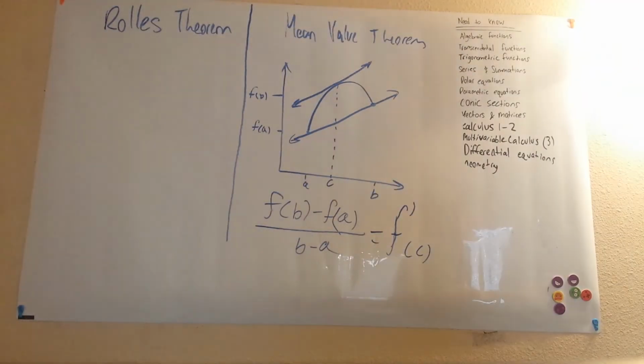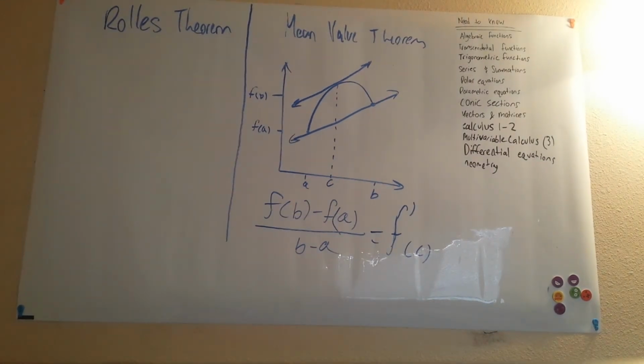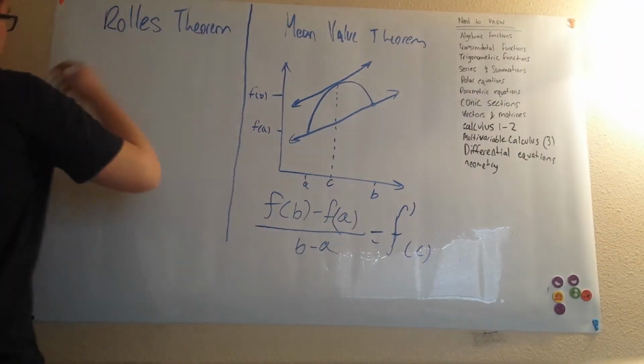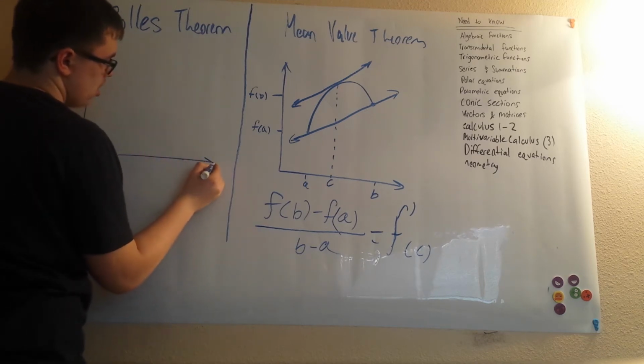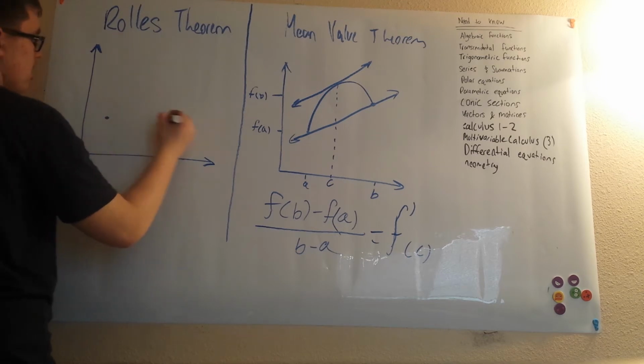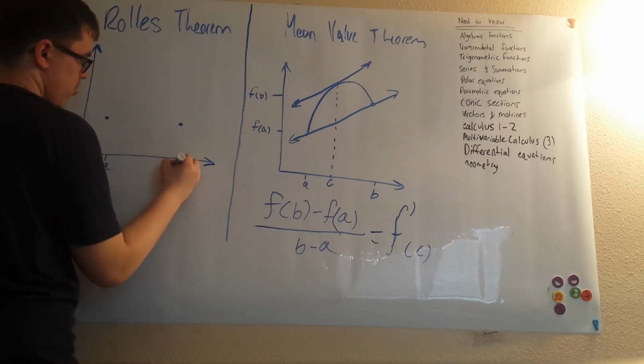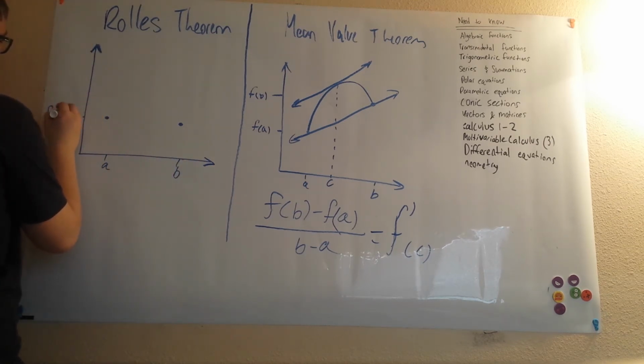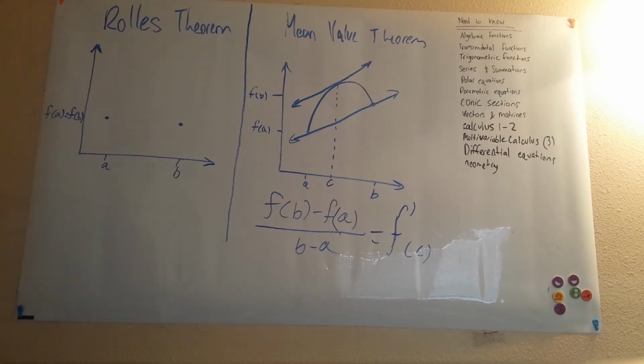Rolle's theorem says a little bit something different. Rolle's theorem is pretty easy. It's saying, hey, my function has 2 points, A and B, where f of A equals f of B. It has to be true.